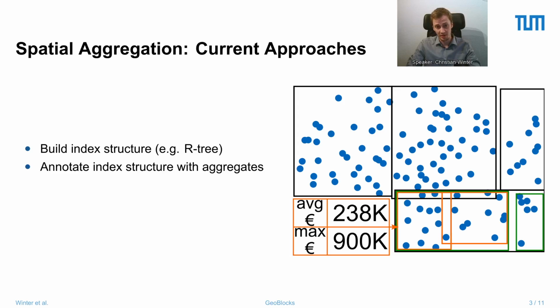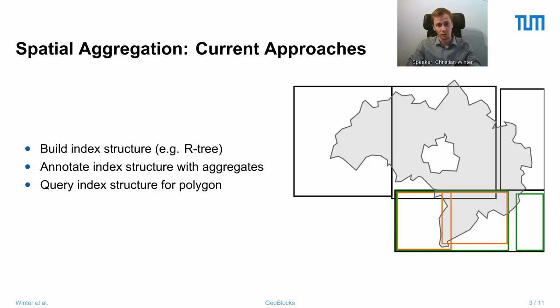Now, when we query this index structure, we can discard the points and simply focus on the index structure. So we first approximate our query polygon as needed, for example rectangular for the R tree, and then query it. And when encountering a node of the R tree on our way down, we then include it in the result if necessary.